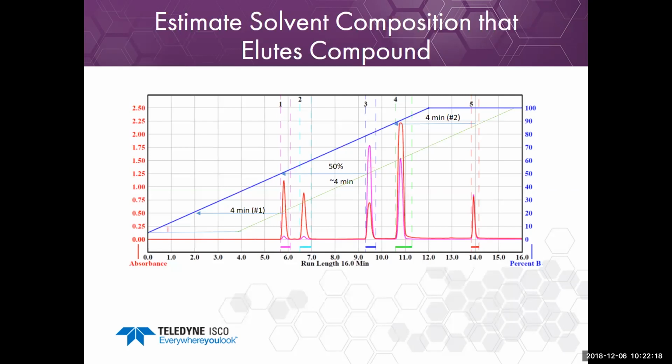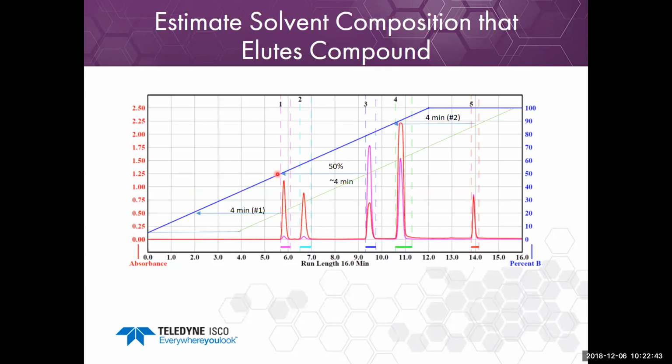So I have my scouting gradient over here. And what I do is I note the time that my model compound elutes at, and then I look at the time where I programmed the gradient to be 50% B, and I see the difference in time. I can then apply that same time difference to other compounds.